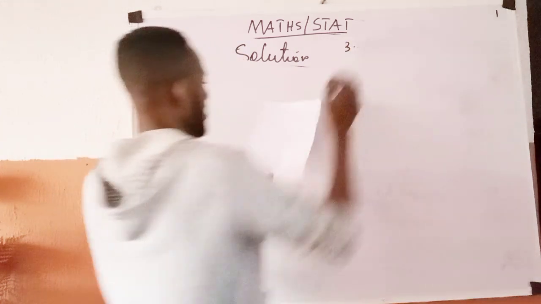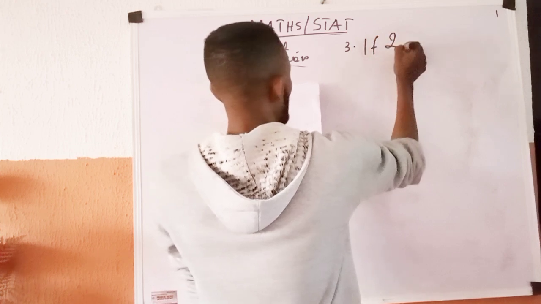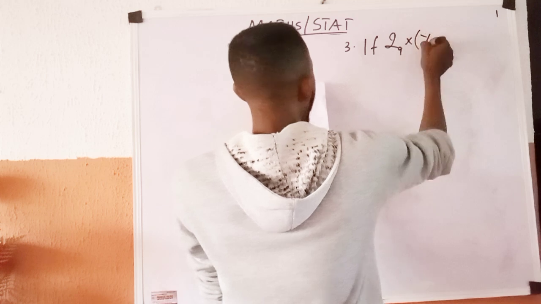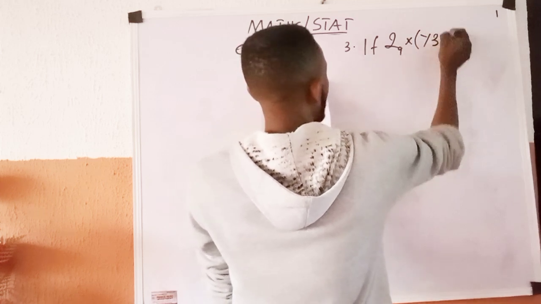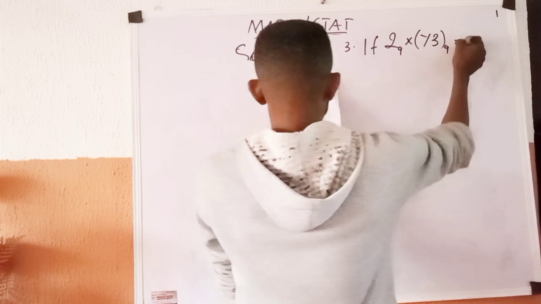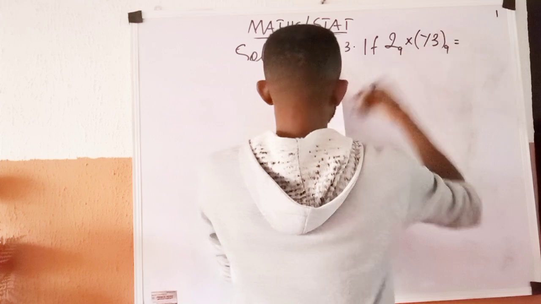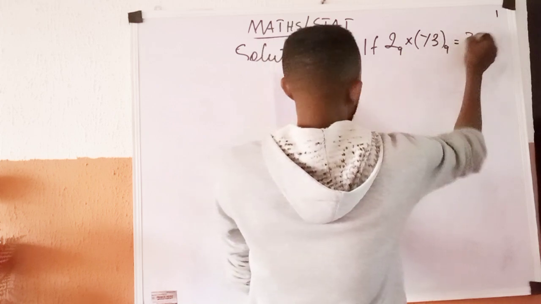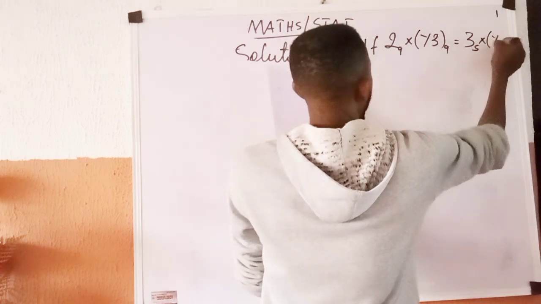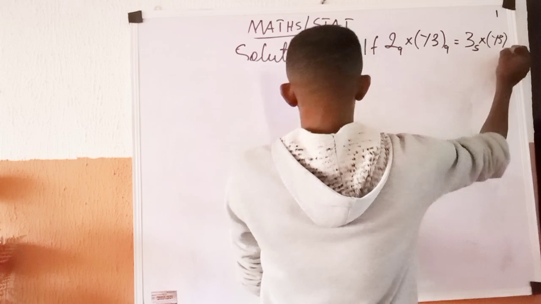That number says, if 2 in base 9 multiplied by y3 in base 9 equals 3 in base 5 times y3 in base 5.